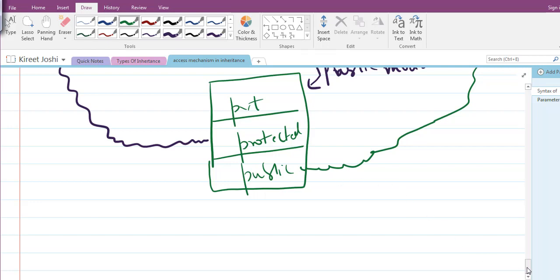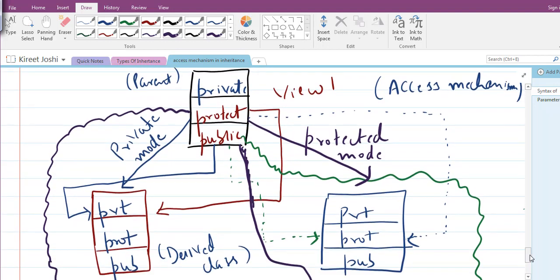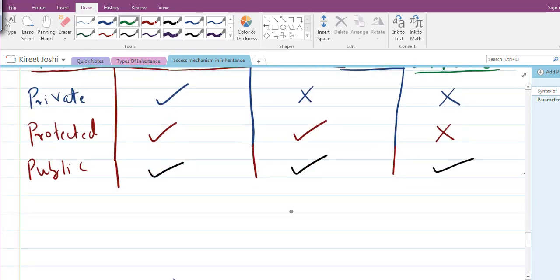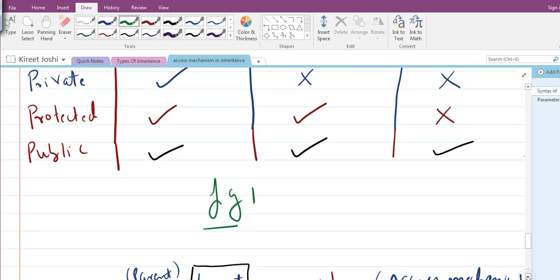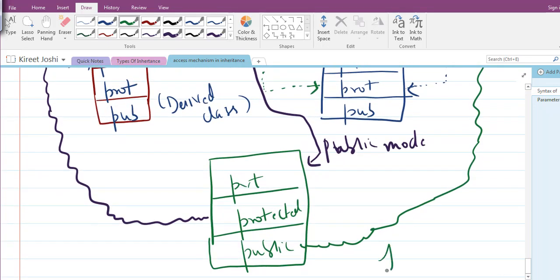If you understand these two figures, figure 1 and this pictorial representation, figure 2, then you can solve any problem of inheritance.